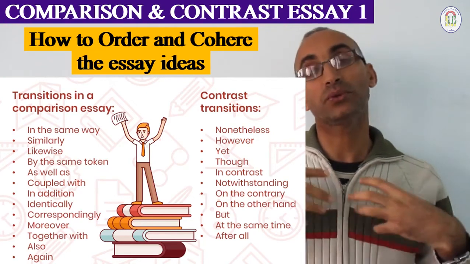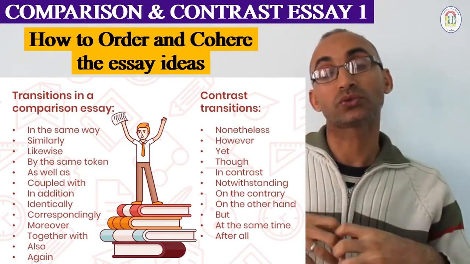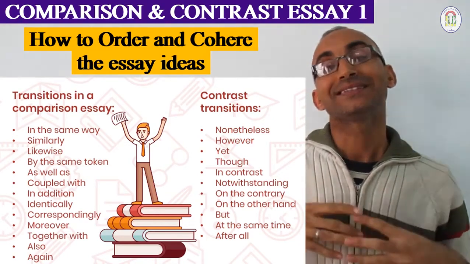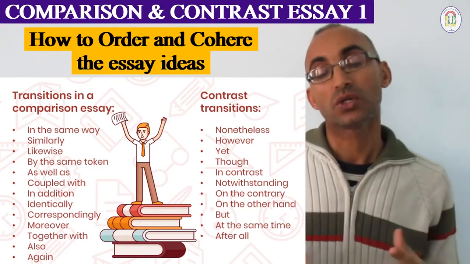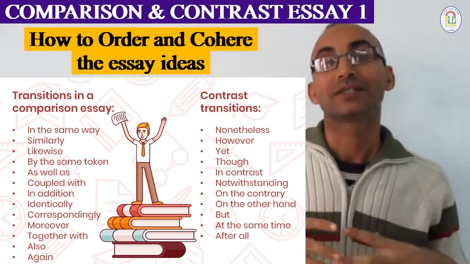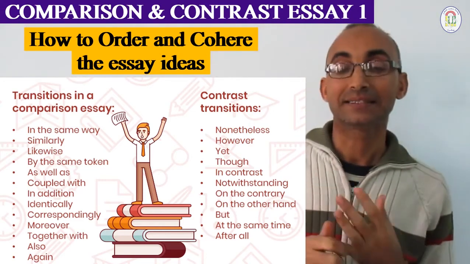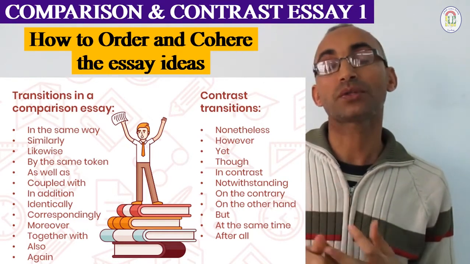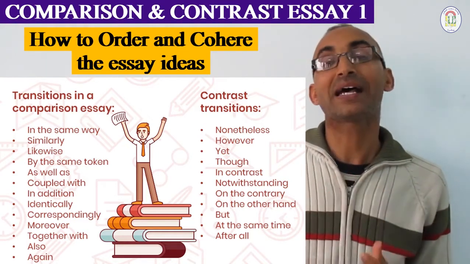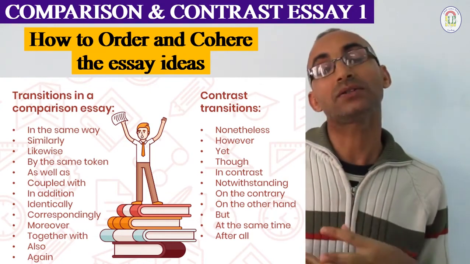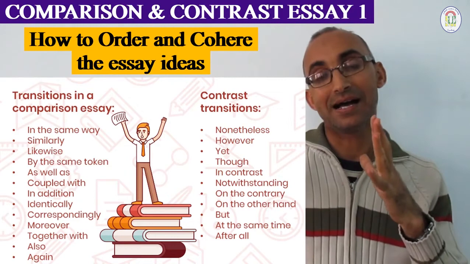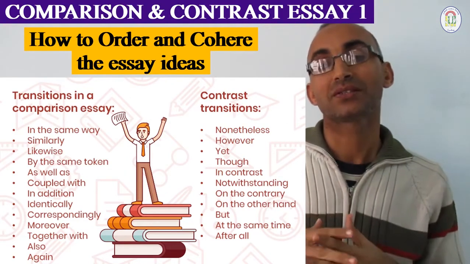Also, I need to use transitions for differences, when I want to contrast, like but, yet, however, although, by contrast, on the contrary, on the other hand, whereas, and also many other transitions which express differences.